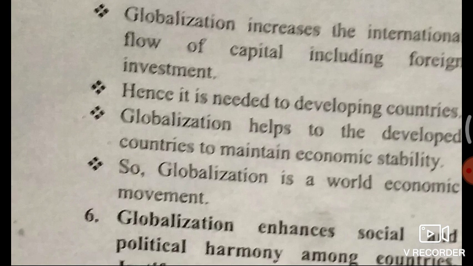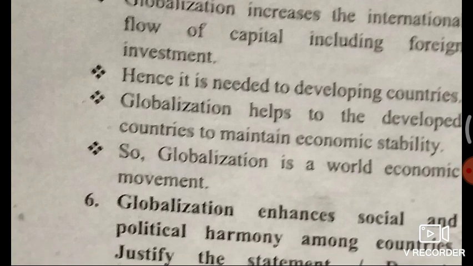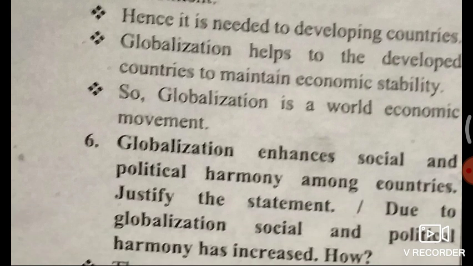Then second point, hence it is needed by developing countries, and globalization helps developed countries to maintain economic stability. So globalization is a world economic movement, isn't it?